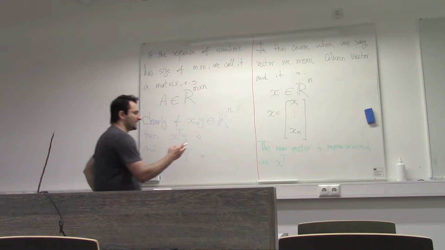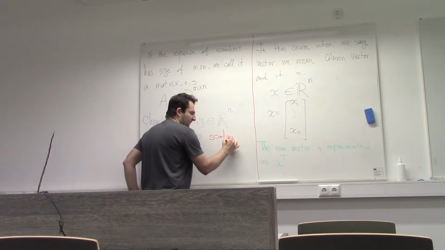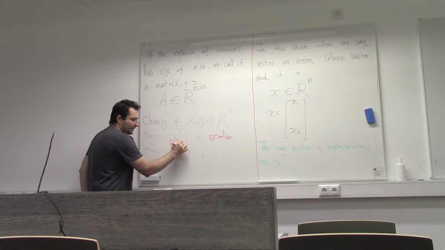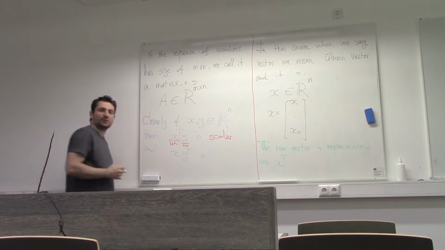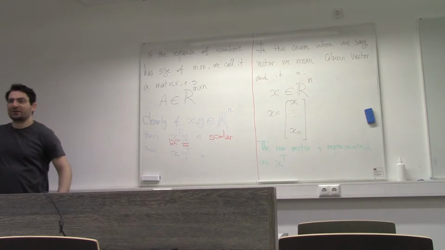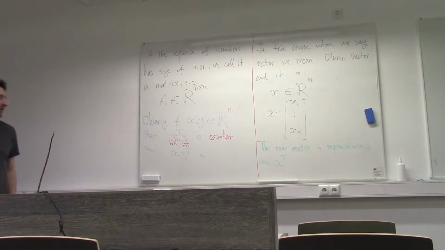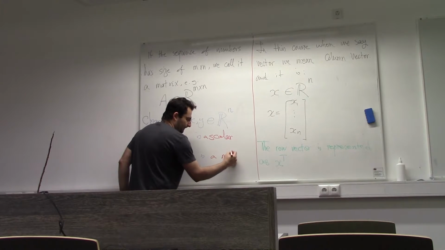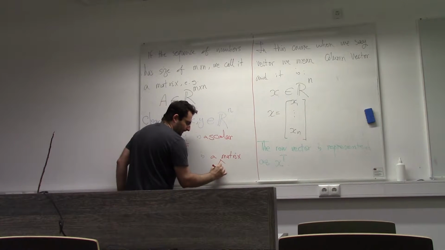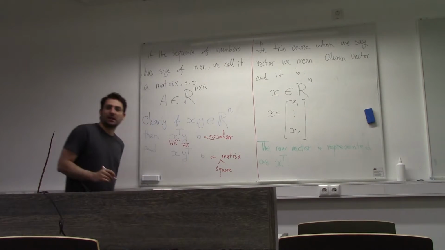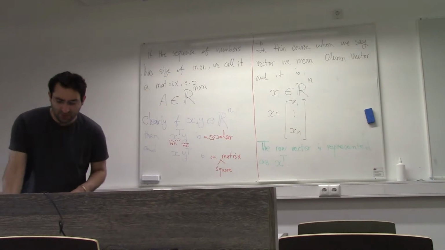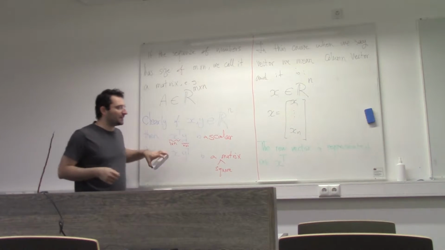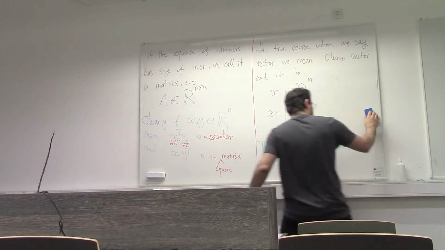So it is a scalar, which means it's a number, because this will be 1 by n, this is n by 1, the multiplication is 1 by 1. And x y transpose is a square matrix, the size n by n, right? This is a very famous way of making a matrix because we will talk about the rank of this matrix within this course and so on.